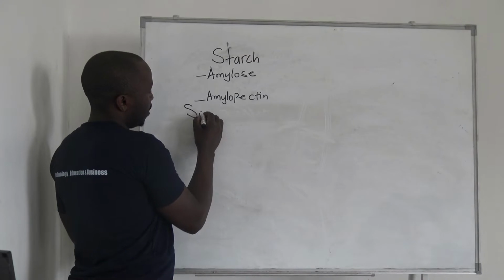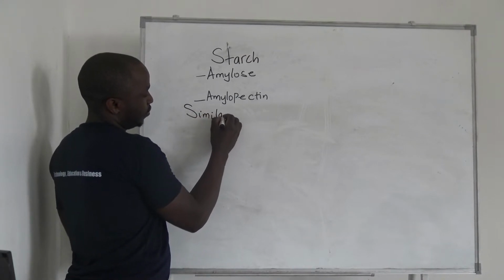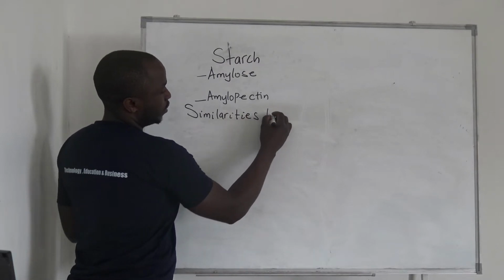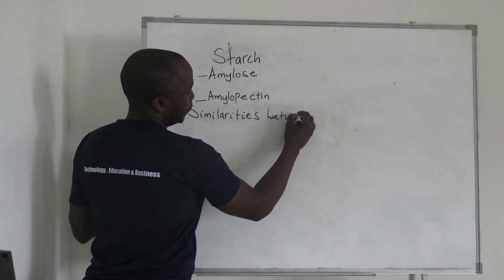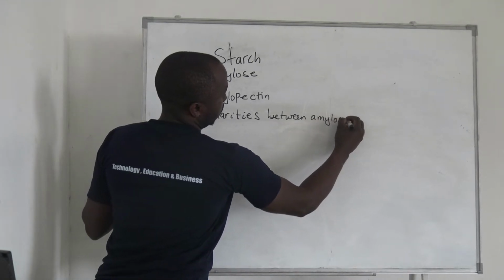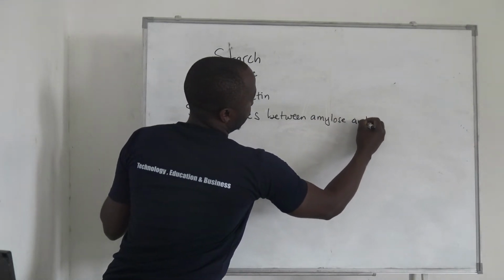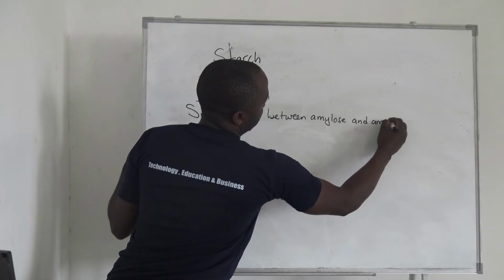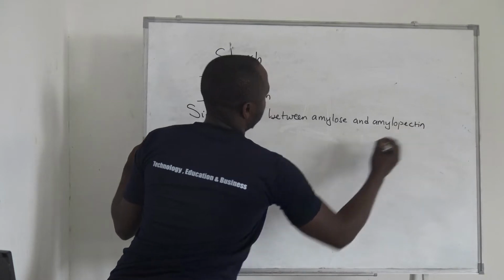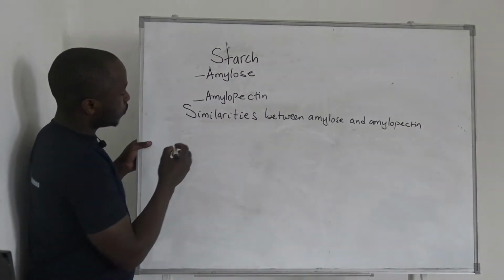What would be the similarities between amylose and amylopectin?